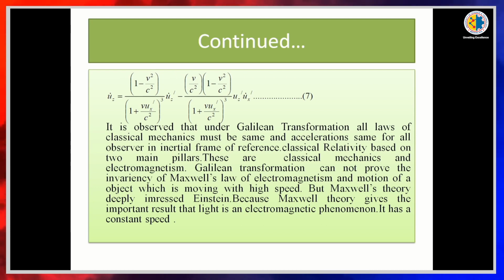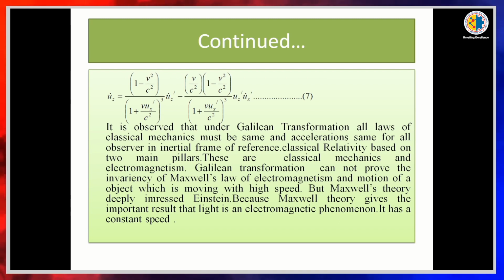Galilean transformation cannot prove the invariance of Maxwell's laws of electromagnetism for an object moving with high speed. But Maxwell's theory deeply impressed Einstein because it gives the important result that light is an electromagnetic phenomenon with a constant speed.